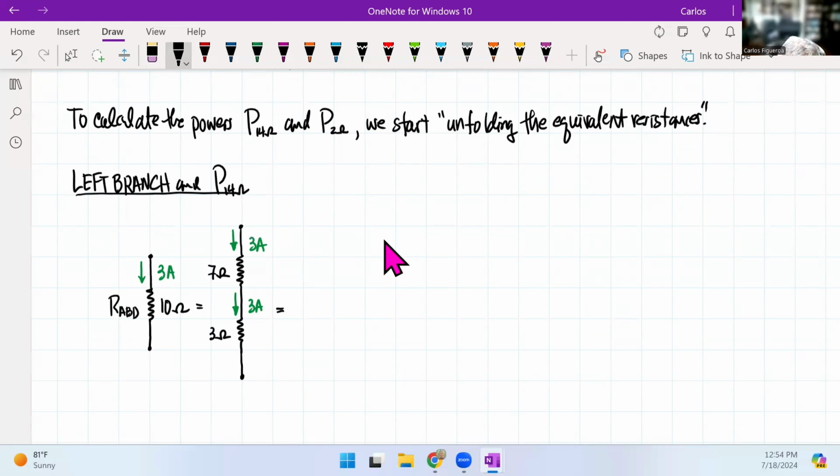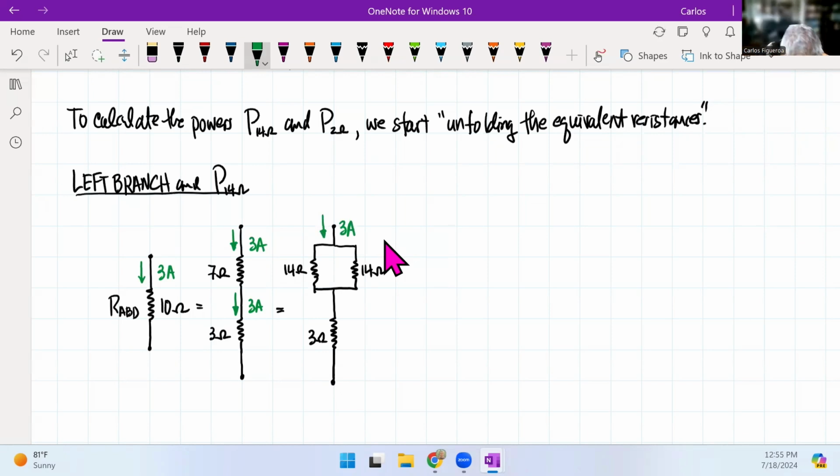So if I look at the 7 one, I see that we have 2 resistors that are 14 ohm. So this is still 3 ohms, but now this is 14 ohms and this is 14 ohms. And I see here that I have this current coming in, and I have 3 amps like that.